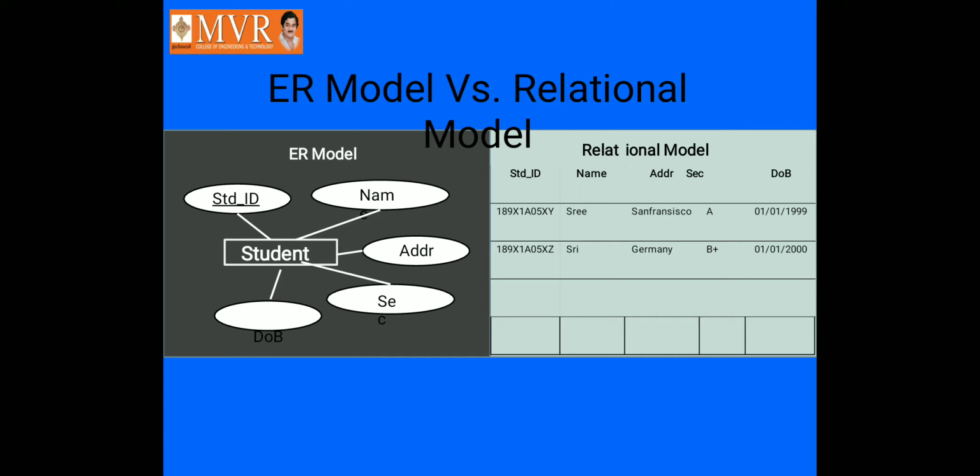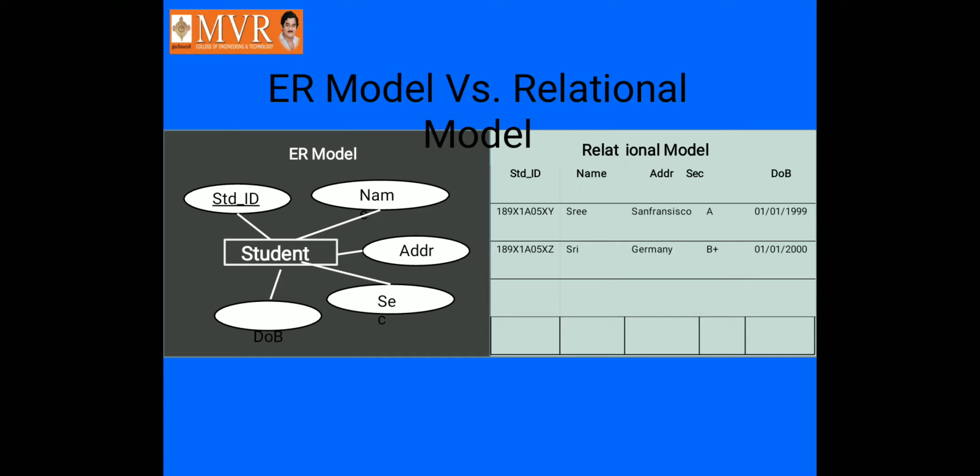These all belong to the student. When you are creating a student, these fields we call entities, which make a one-to-one relation: the student id, the student name, the address, the section, and date of birth. These all belong to one student only. There we give it as a relationship.